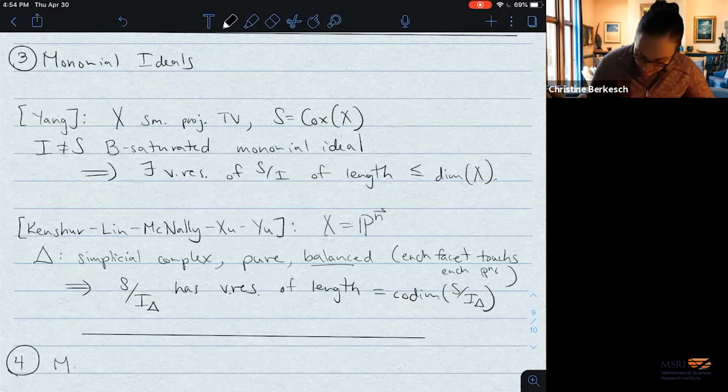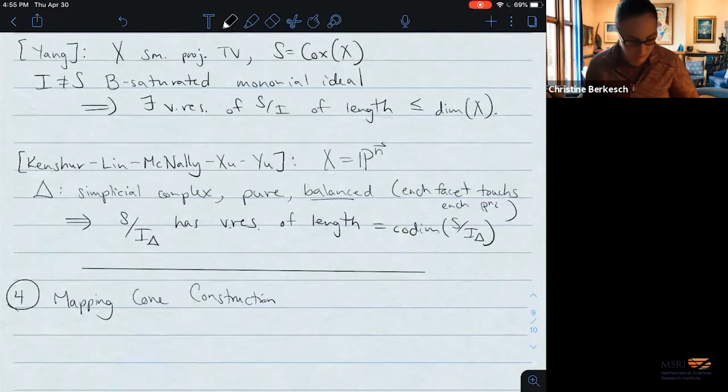Okay, so here's another one that hasn't shown up in a paper yet, but will at some point soon. And that's using a mapping cone to fold in some irrelevant homology and decrease some length.